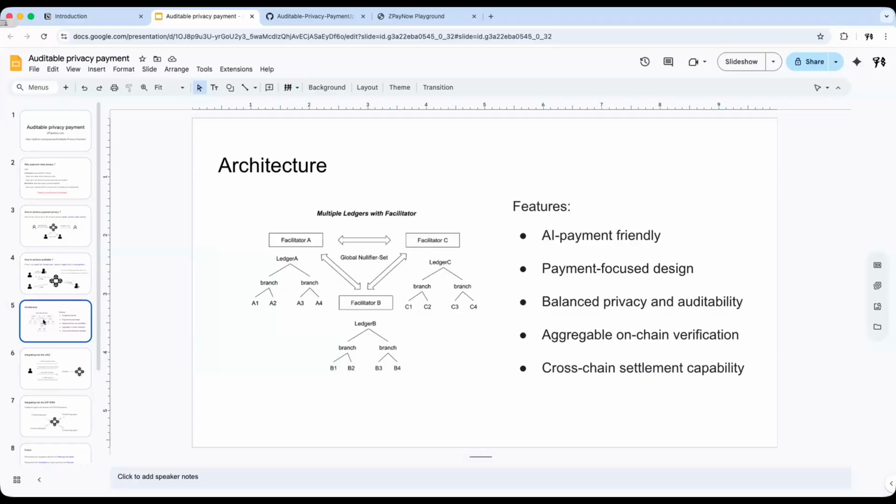The aggregator will organize this like a network, and they share the nullifier. What is a nullifier? A nullifier means unspent output.